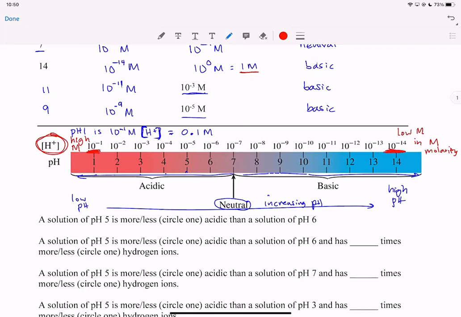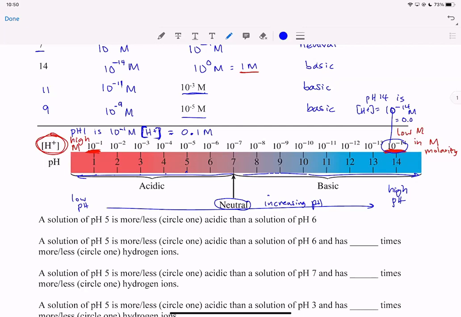Okay, so let's write that out. For a pH of 14, the hydrogen ion concentration is equal to 10 to the minus 14 molarity. That's 14 zeros in front of the 1.